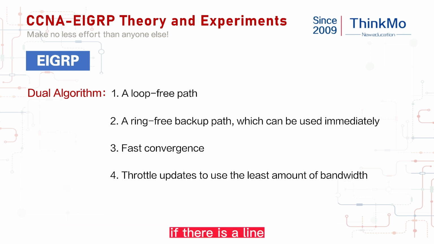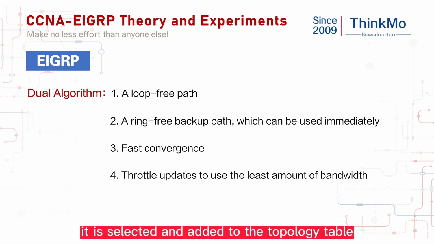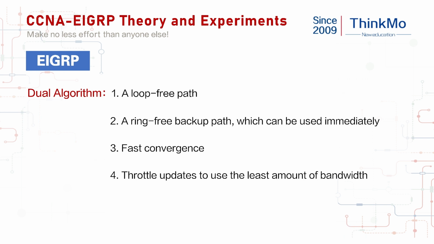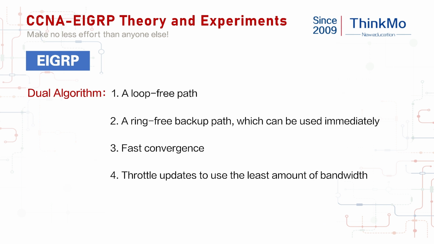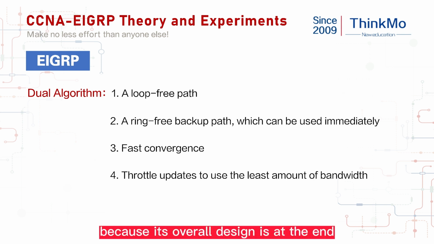If there is a line, it is selected and added to the topology table. As long as this line is cut off in the future, this line can start forwarding immediately. This is where EIGRP is very powerful. OSPF is impossible. How to meet the conditions? This has to wait till the end, because its overall design is at the end.